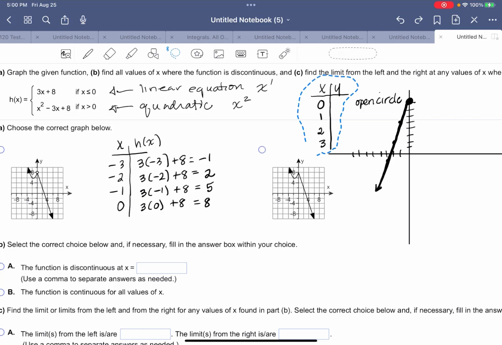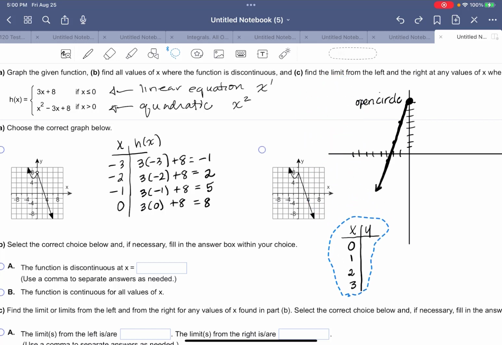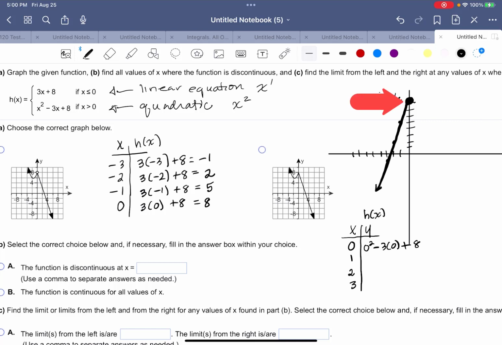I'm going to move this where I have a little better space. Then I'm going to enter my h of x value: 0 squared minus 3 times 0 plus 8. So at 0, 8, it's actually here, so I don't need to put an open circle because there's already a point there.